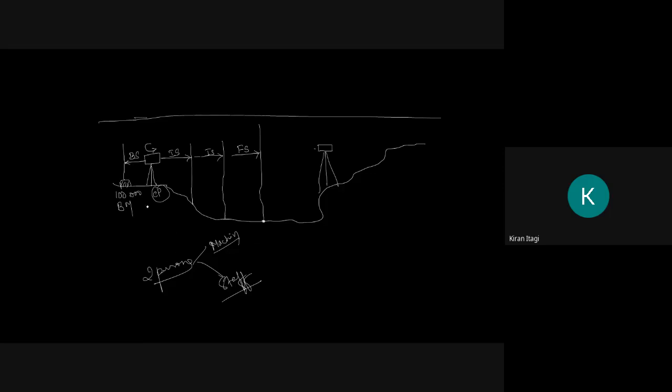Now see, first the person standing near the machine will take the bisect for the benchmark. This will be the very first reading, the back side. Then we go for the intermediate side and the fore side.